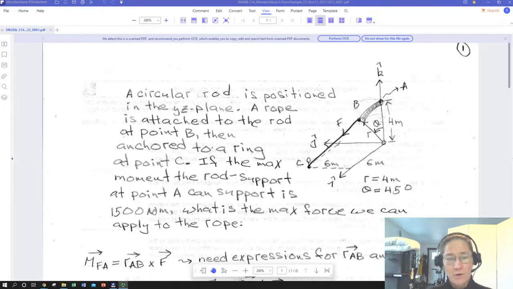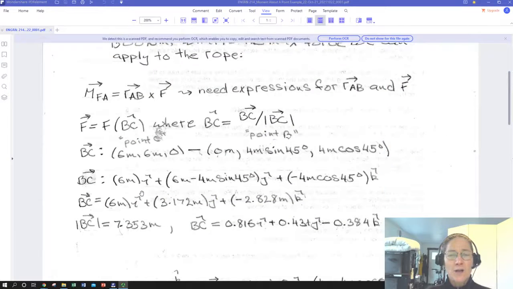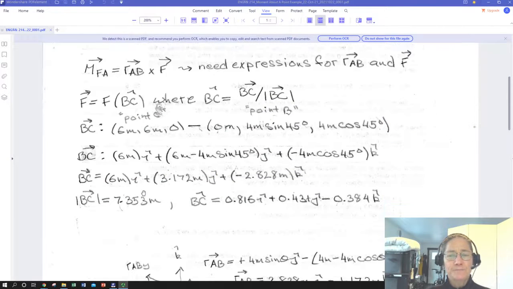Now, in reality, we'd put a big safety factor on that. We'd want to stop way short of whatever force would give us 1,500, but we'd want to find out what that max force is to give us a starting point. So this is a perfect way to apply our R cross F definition of moment.